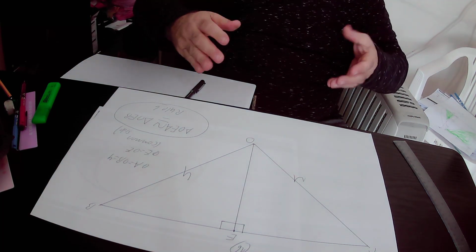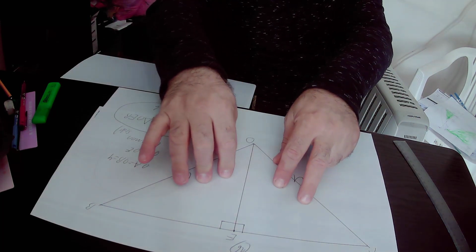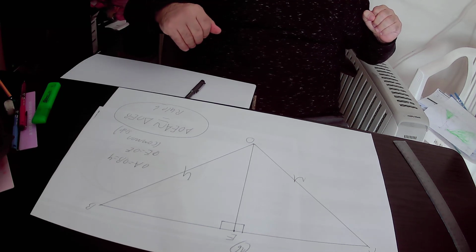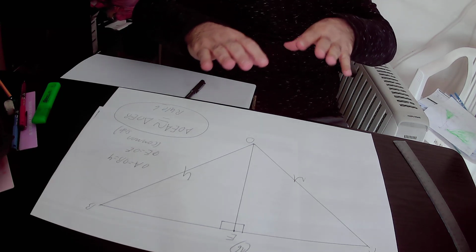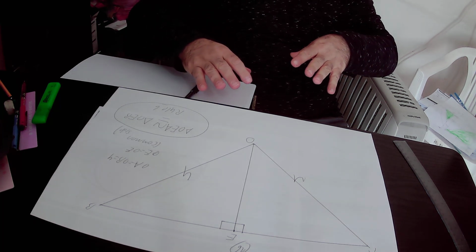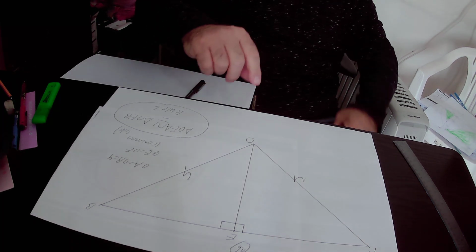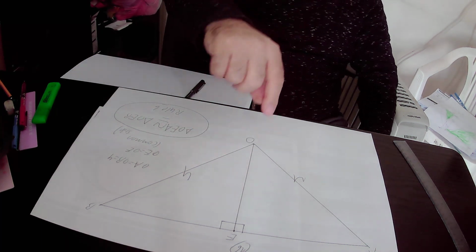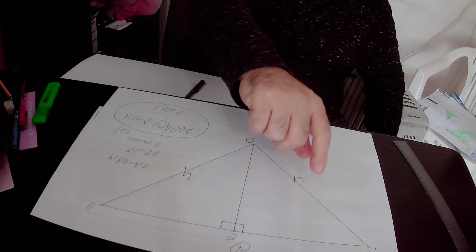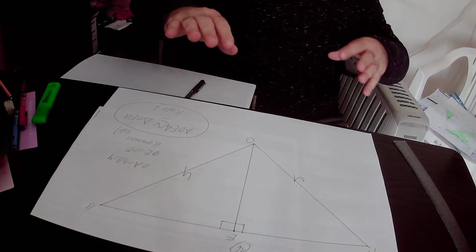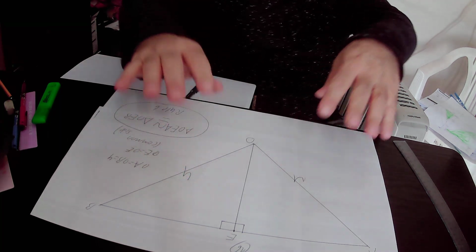Therefore, we proved that those two right triangles are congruent according to rule number 6. Because that is exactly what rule number 6 requires. It requires to prove that the hypotenuse and the perpendicular in one triangle are congruent to the hypotenuse and the perpendicular in another right triangle. And this is exactly what we proved.